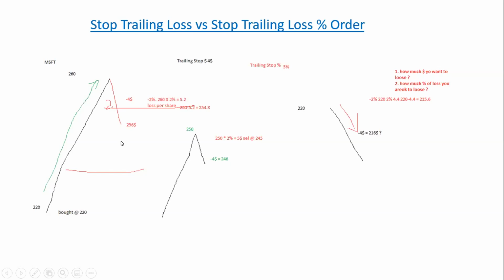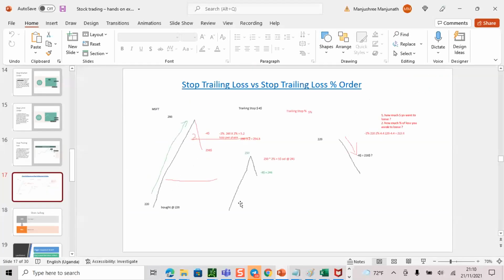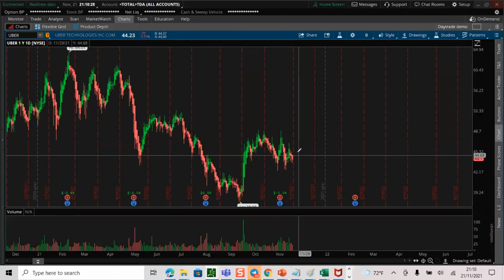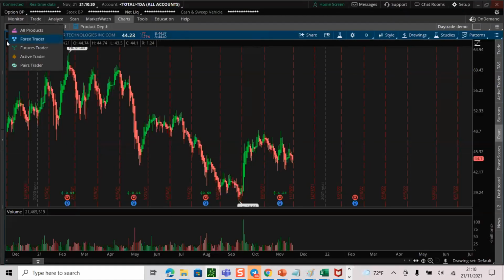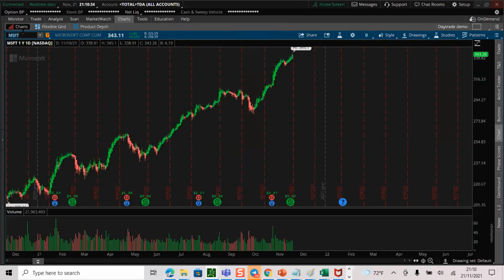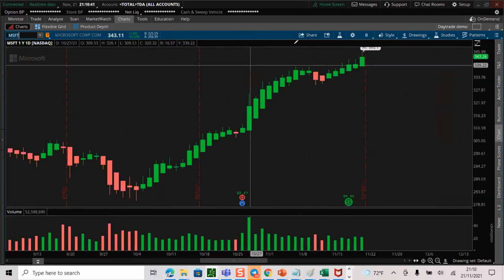Okay, I'll share one example of how we can place the trade with a stop trailing loss. I'll take Microsoft itself. So Microsoft is around 343.